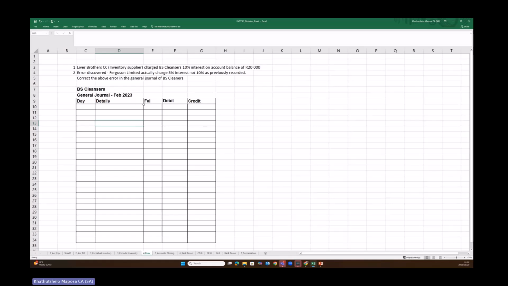Here, they say they have recorded 10% interest of 20,000. When you are recording interest, it is an expenditure. It means they went and debited 10% of 20,000, which is 2,000. They debited interest 2,000 and credited, let's call it bank. Sorry, they said it is the Liver Brothers account, so trade payables.